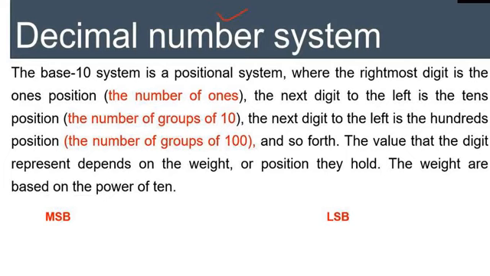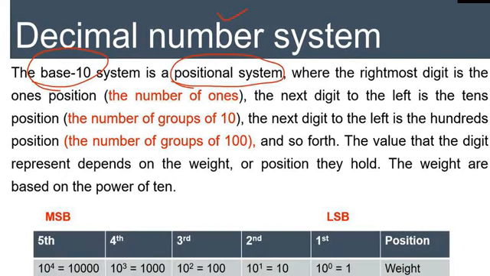Now, what is the decimal number system? This is a positional number system having base 10, and this is an exponential number system. Why exponential? Because each and every digit has a value in the power of 10, where the rightmost digit is the ones position.